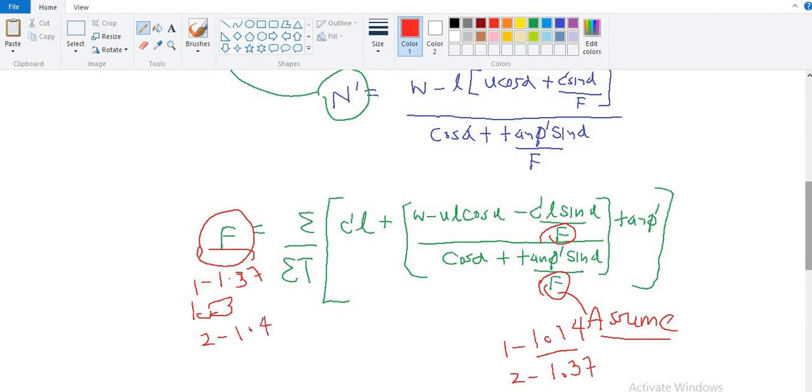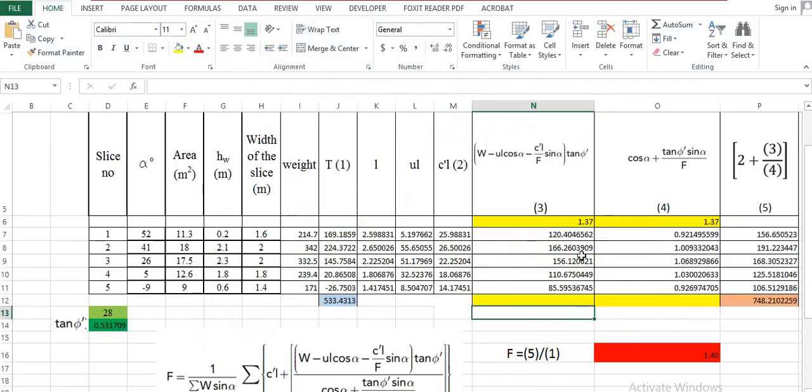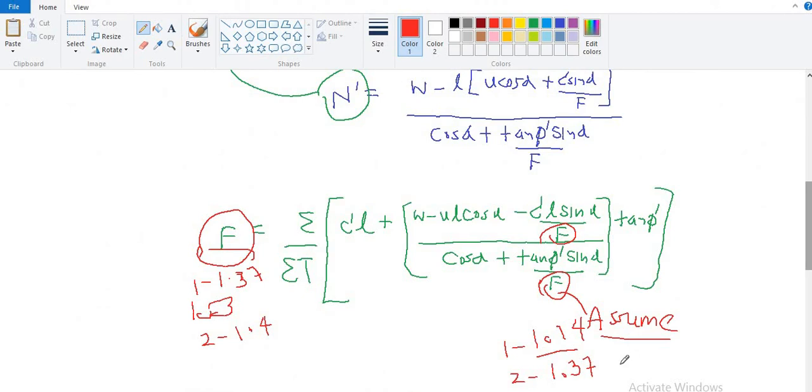But still you can see there is a difference, right? The input value is 1.37, output is 1.4. So our objective is to make these as close as possible, right? So in the next step I am going to put 1.4. So in the third step, the assumed or input value is 1.4. Let's see what we have in the output.